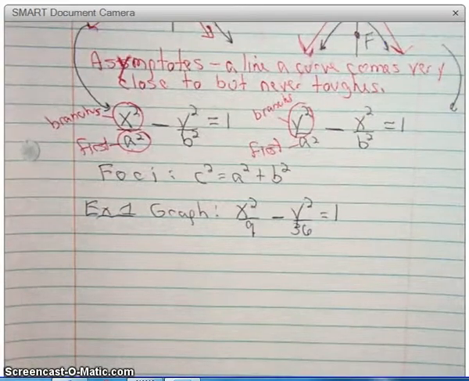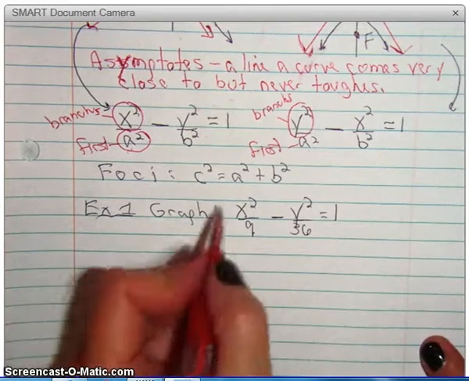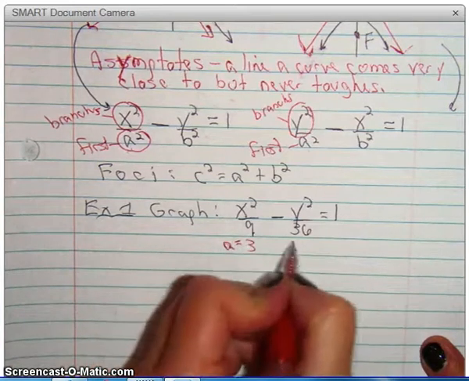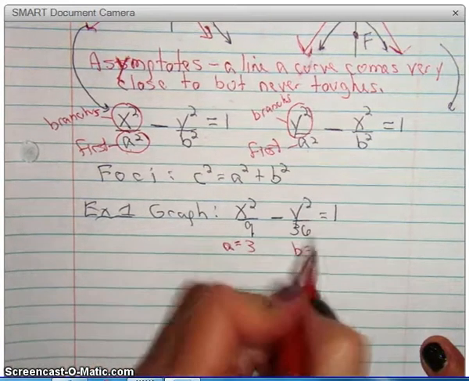Okay? All right. First of all, name your A and your B. Close. A is actually 3, and B is actually 6.